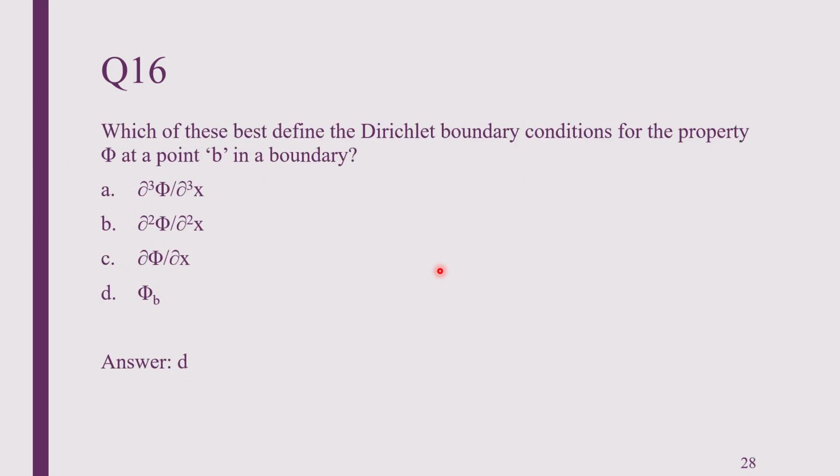And coming to question 16, it is given: which of these best defines the Dirichlet boundary condition for the property phi at point B in a boundary? For example, we have some geometry and the points A, B, C and D. In general, we have two different boundary conditions.